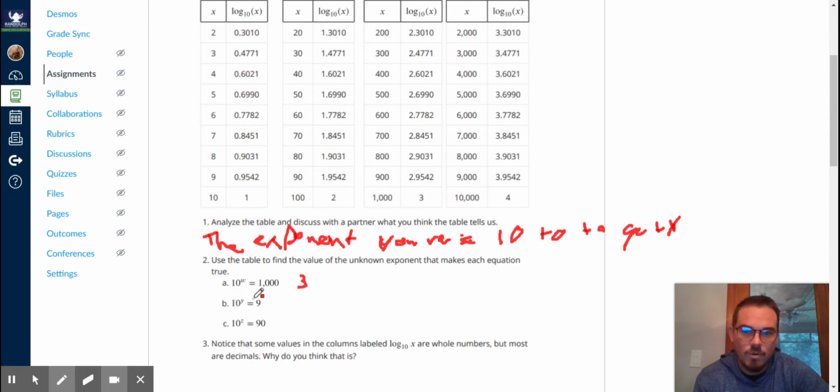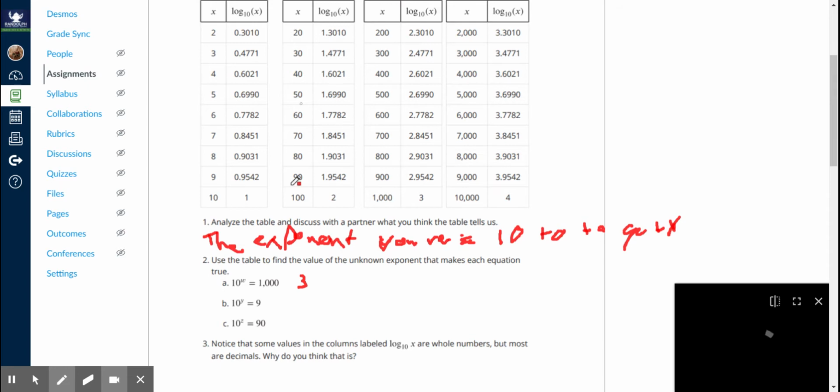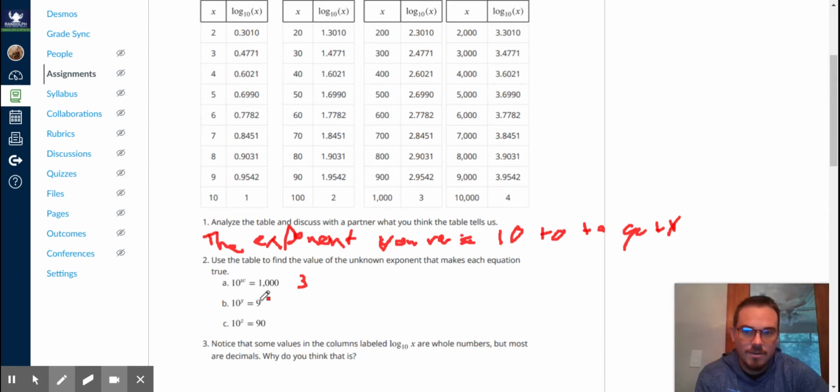Well, 10 to the power of what gives us 9? Now, this one's a little tricky, right? So where am I going to get a 9 for y? Right here. So what would my power be? 0.9542.